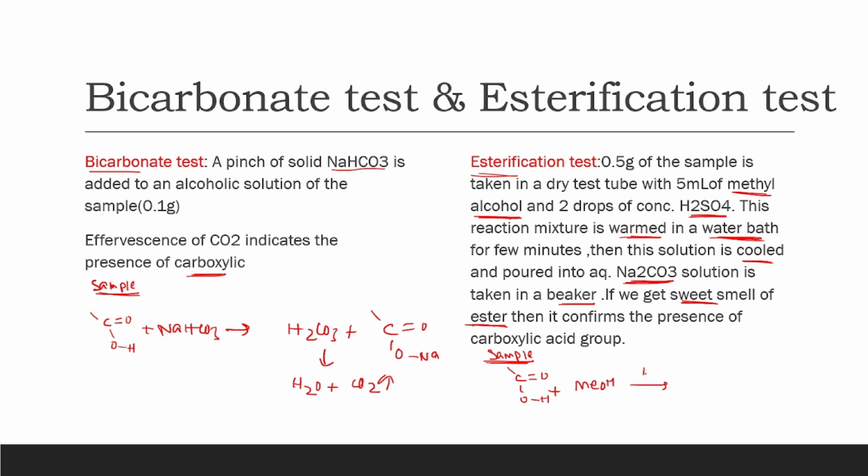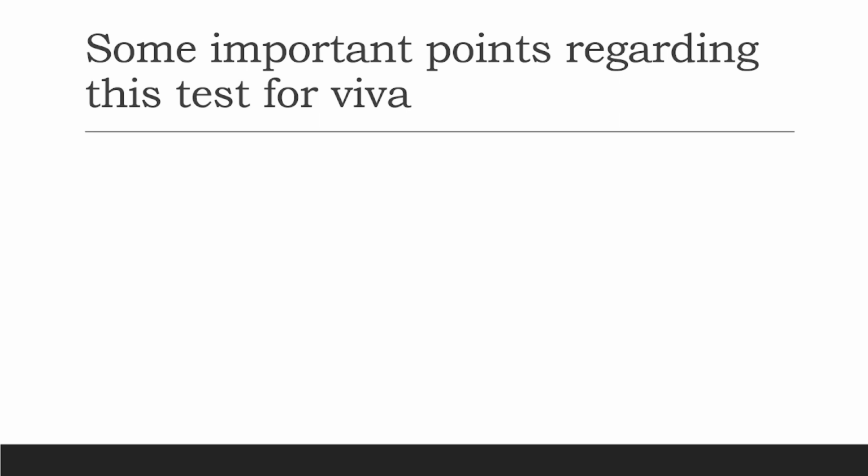In presence of acid, we will get ester. Here C double bonded O-Me and water. Okay, this is the bicarbonate test and esterification test. Now keep in mind some points regarding these tests.